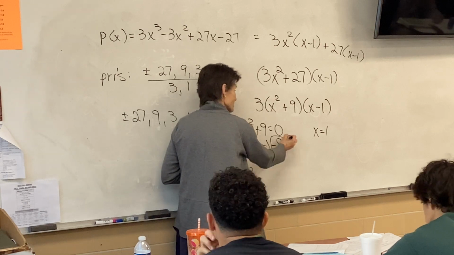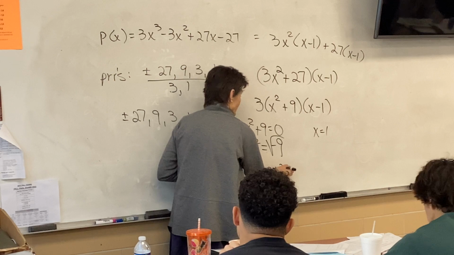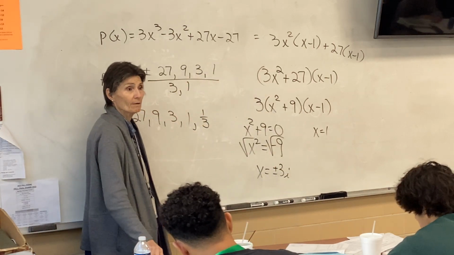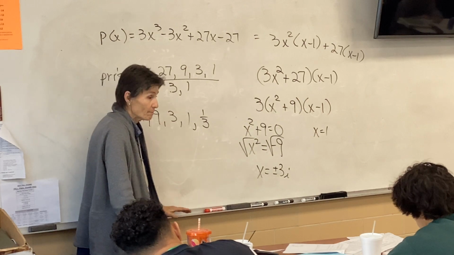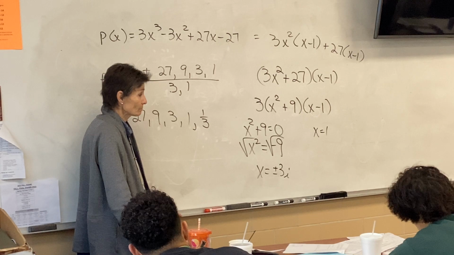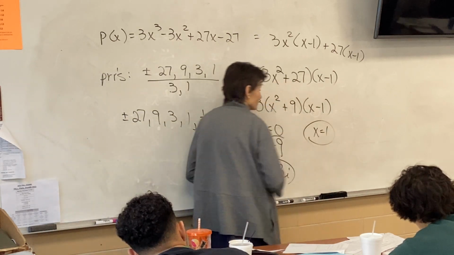So what's x? Plus or minus 3i. The square root of 9 is 3, but it's negative 9, so it would have to be 3i. And there are the 3 solutions.